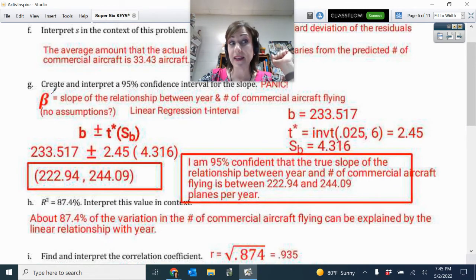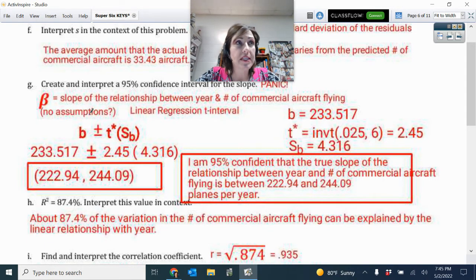All right, and now it says create and interpret a 95% confidence interval. That process of creating an interval is a PANIC model. So technically, you were supposed to do a PANIC model right there, and I did it without doing the assumptions.